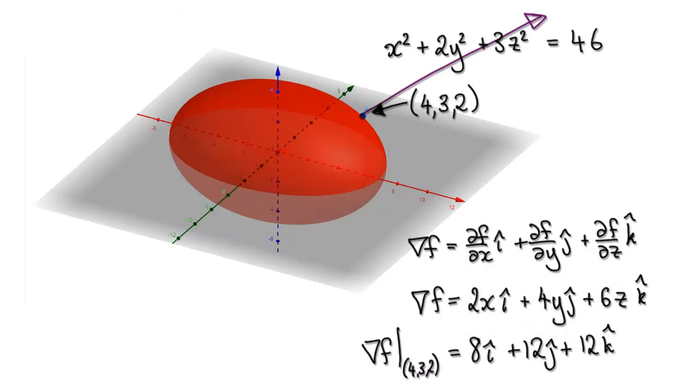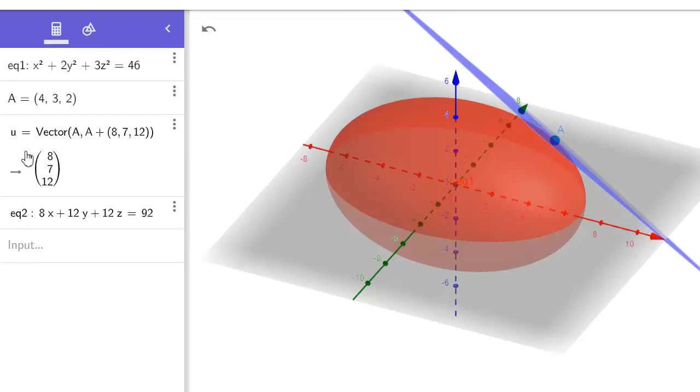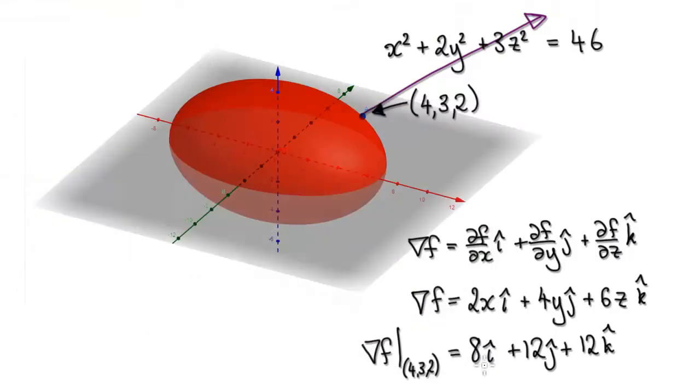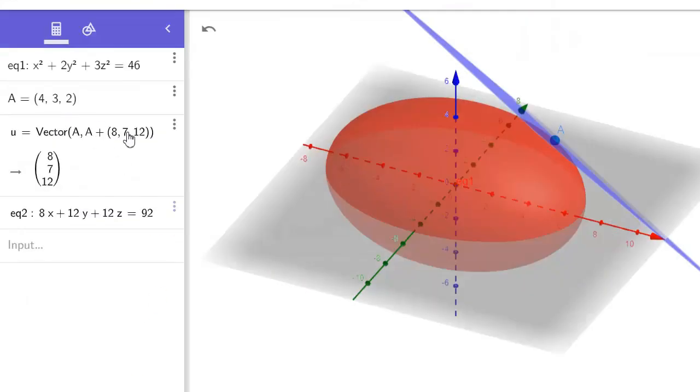So if you jump back to here, punch in vector, and then, well, you defined your point A, capital A. So capital A, comma, capital A plus, this is our grad f here at that particular point. 8, oops, hang on, I made a mistake here. Grad f is 8, 12, 12. So going back to here, it should be 8, 12, 12.